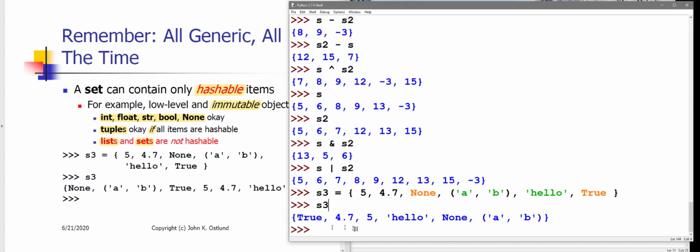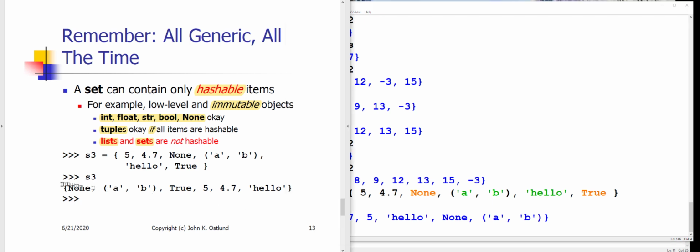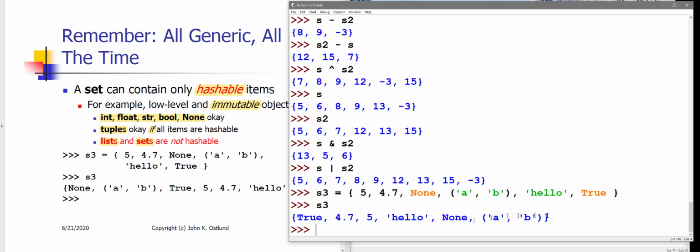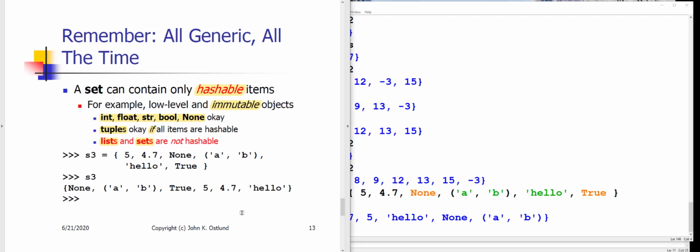There's no guarantee about how your shell is going to arrange to represent and display the items within a set. So the version of S3 shown on slide 13 and the version of S3 shown here are equivalent to one another. The values are being displayed in a different order is all.